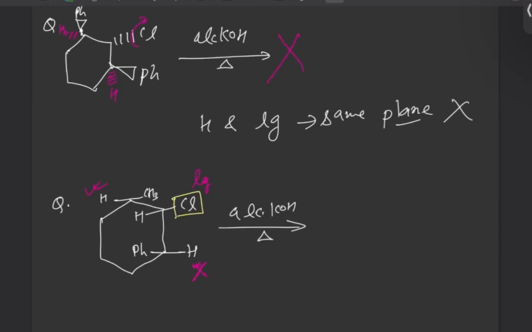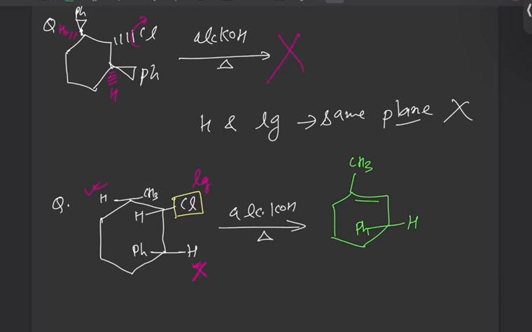So if you see, this is the opposite plane. If chlorine is on this side, then the hydrogen is on that side. So you can eliminate the upper hydrogen and you can form this product. And CH3 will remain there, and this will remain there, like hydrogen and Ph. Is it clear?